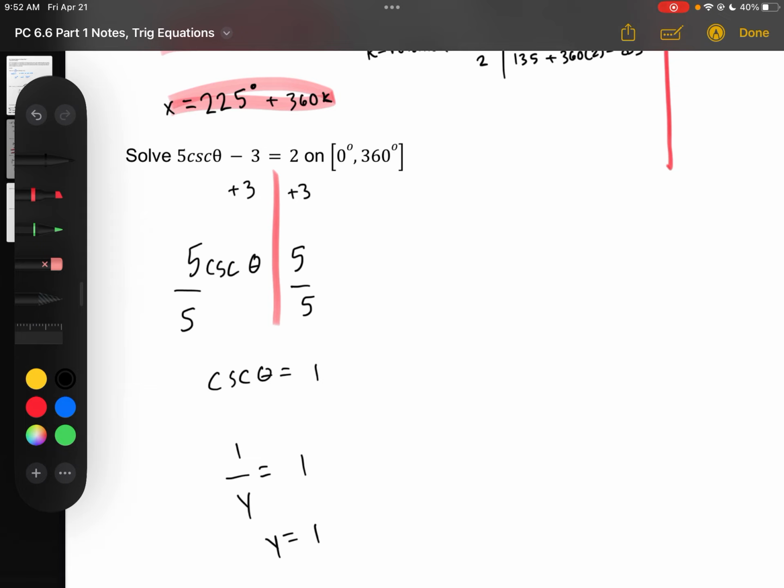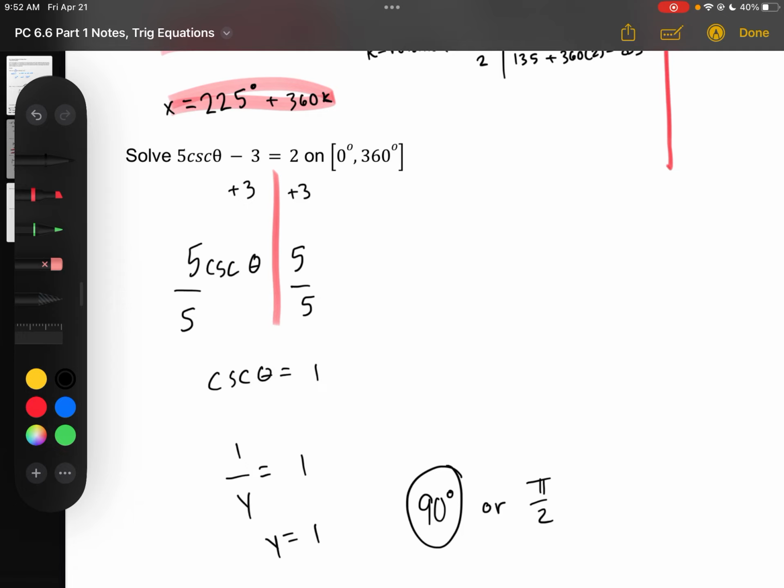Back over to our unit circle, we're looking for the exact location where y is equal to 1. We would be looking for just 1 point, and that's going to be 90 degrees, or we can also write that as pi over 2. But it gives us our interval in degrees, so we'll keep it as 90 degrees.